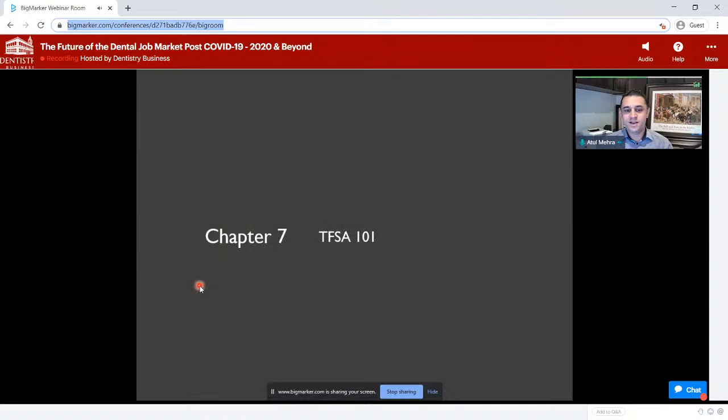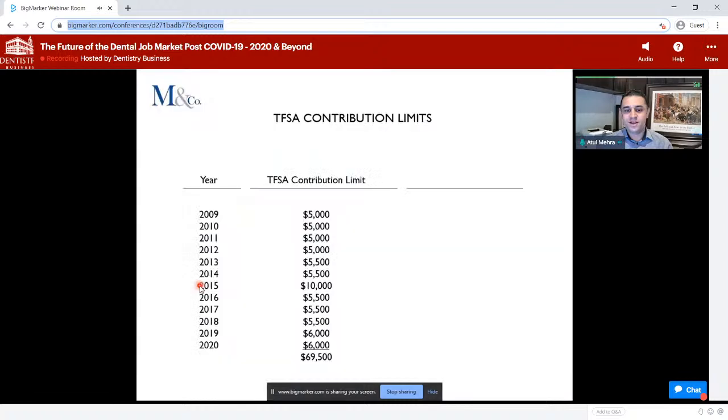Next section is tax-free savings account. So for those of you that are interested in investing and you have surplus funds, the tax-free savings account is something that started back in 2009 and allowed people to contribute money into a fund that the government registers.